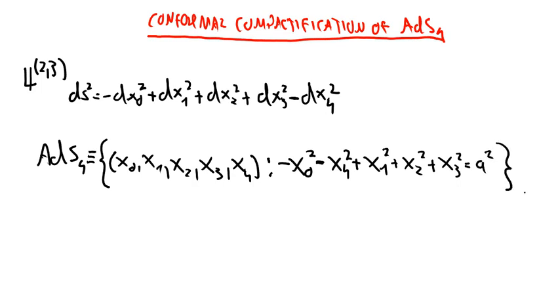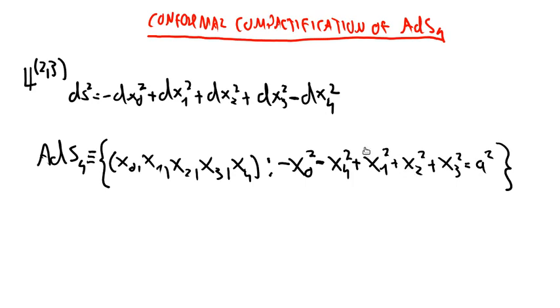Okay, so you see that this is a sort of hyperboloid, but now it's not quite, because we have two minuses, so we cannot say that this is a hyperboloid.